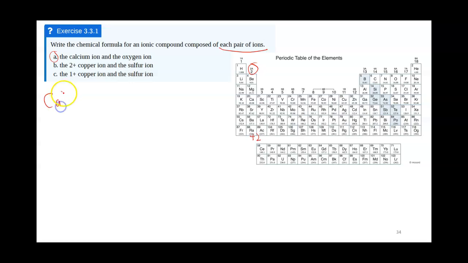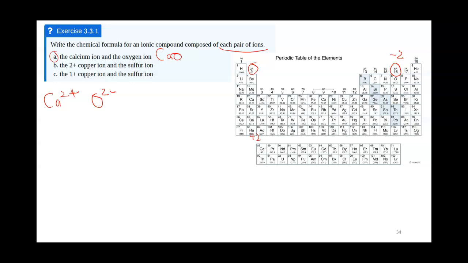So calcium 2+ can be combining with the oxygen ion. Oxygen is over in group 6A, so that means that it will have a charge of 2-. And so we can see that these guys have equal and opposite charges, so that means they're going to combine in a 1-to-1 ratio. So that will be CaO.